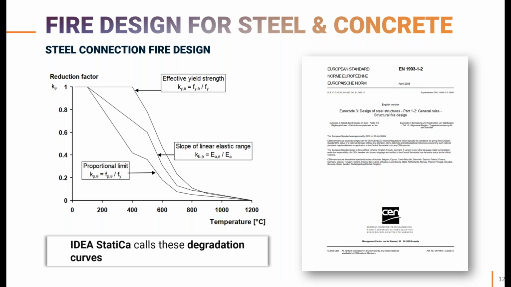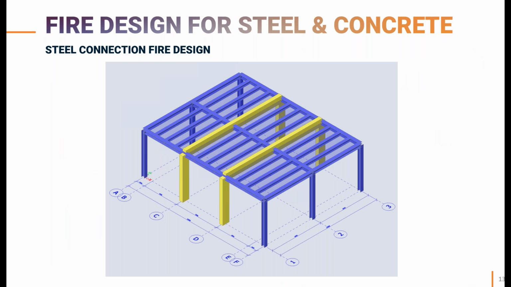So let's move to our worked examples where we will use a simple fictional structure I have created in our global analysis software. So basically, this is a steel platform that is supported on two concrete frames. And from this structure, I will start by designing a connection.